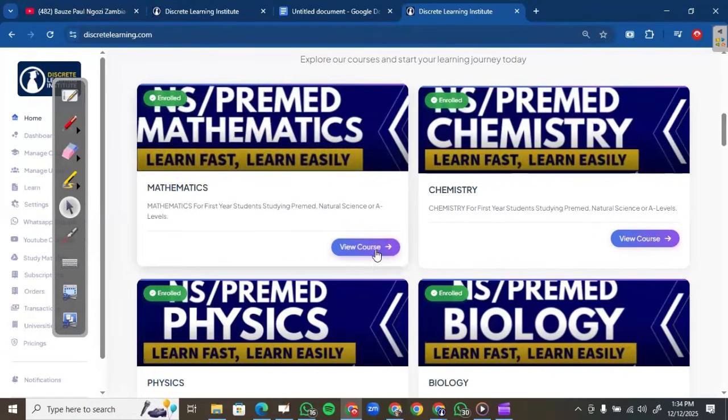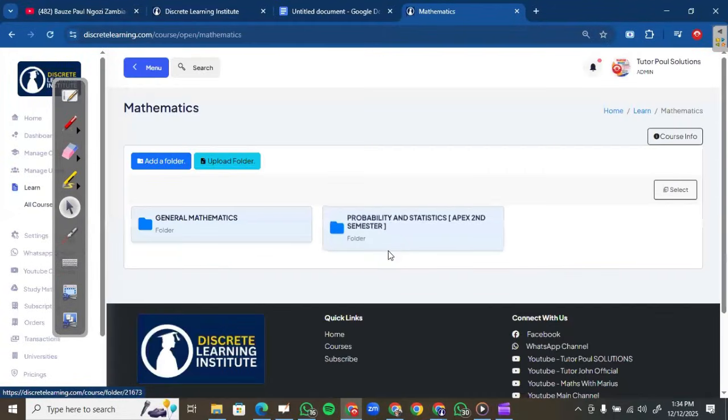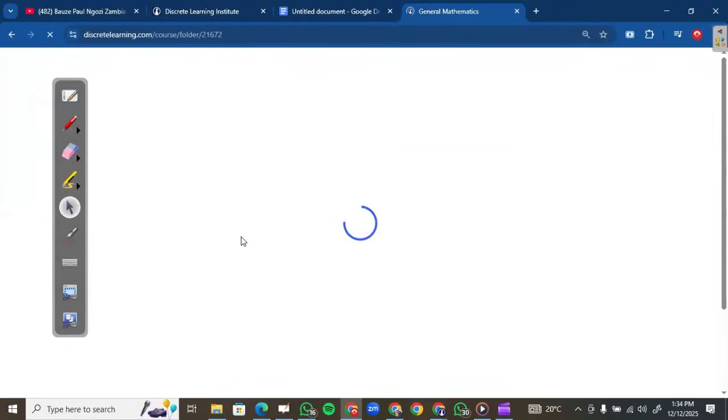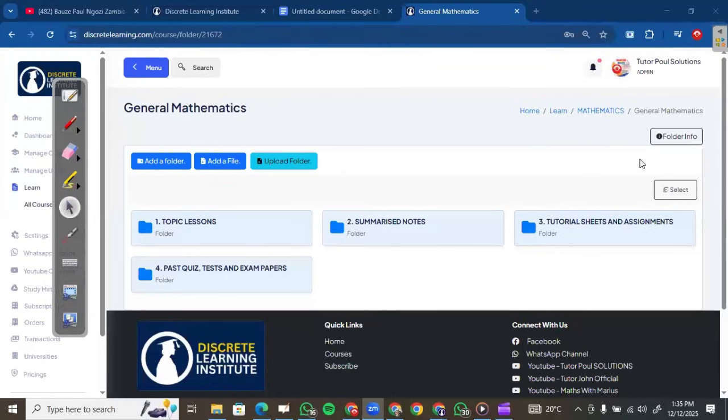So for example, if I open math, there are 2 folders there. You go to general mathematics if you're in first year. Just wait for it to load. Once it loads, you can see the 4 folders.